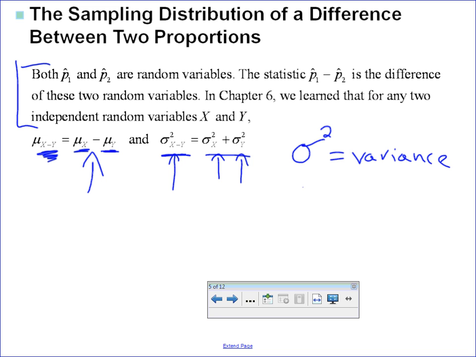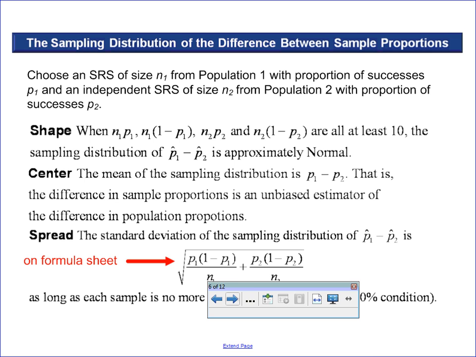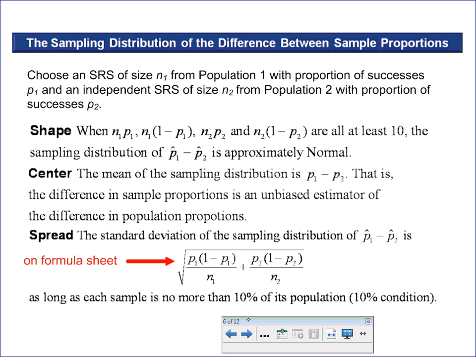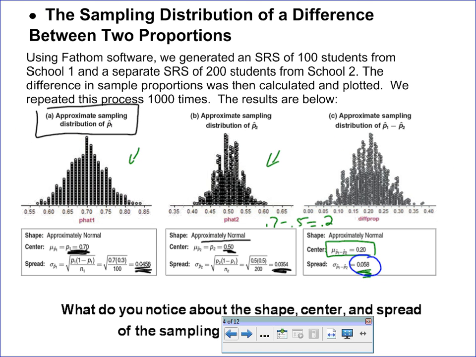If we take the square root of that, then we have the standard deviation. So we had to square them, add them, and then take the square root. And that's what we'll find here. We can go back to our example: if you square this and add them together and then take the square root, you get this.